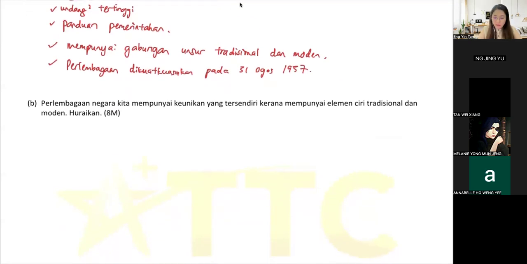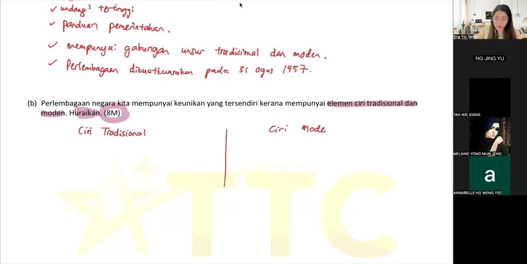Okay? So everybody, this one here, they want you to give me the ciri-ciri traditional and modern huraikan. So 8 marks here. You guys should know that how many ciri, right? Ciri traditional, we have how many? Tell me. And then ciri modern, we have how many?